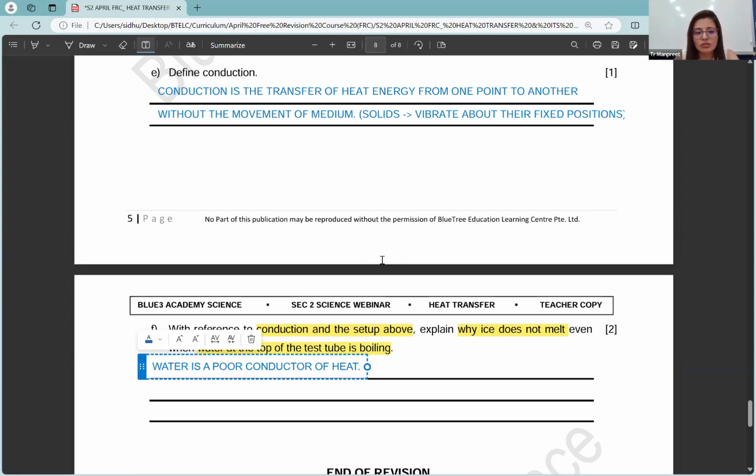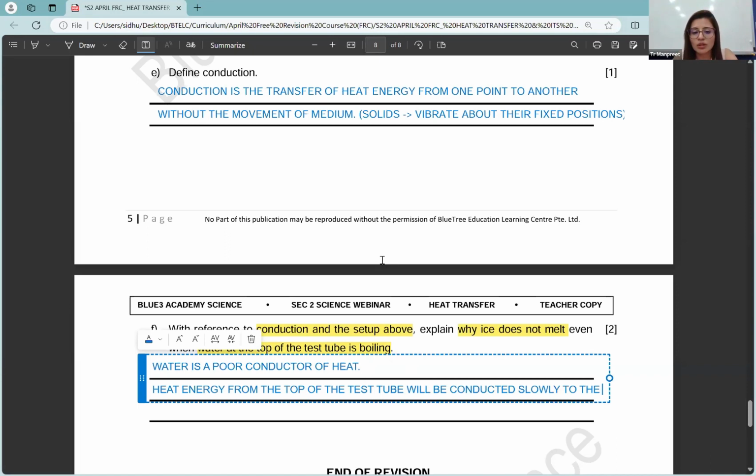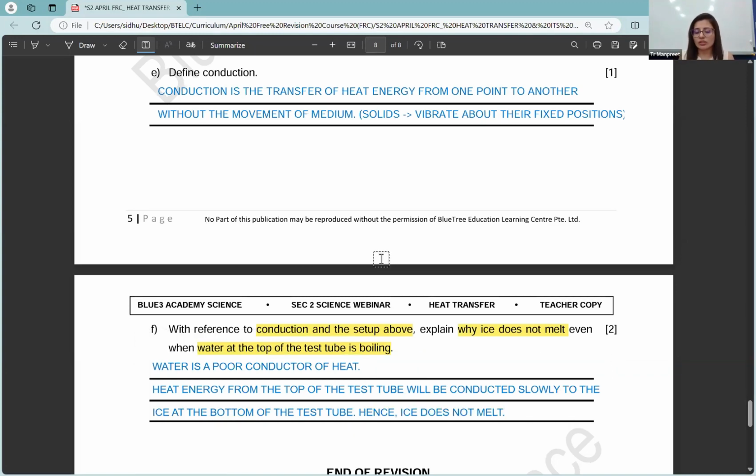So that means heat energy from the top of the test tube is not that it will not conduct, it will be conducted very slowly to the ice at the bottom of the test tube. Hence the ice in this case does not melt. All right.